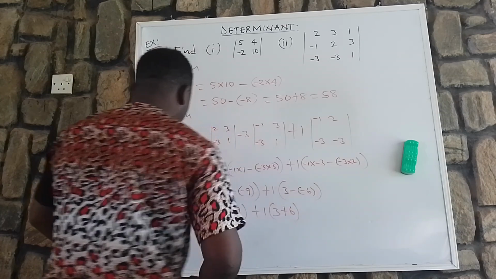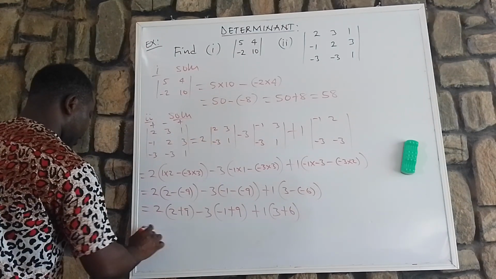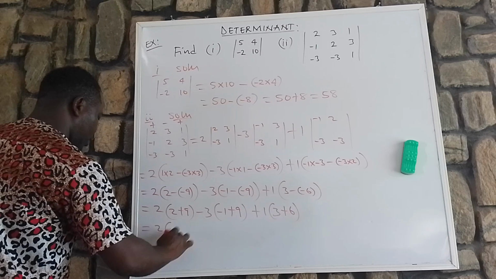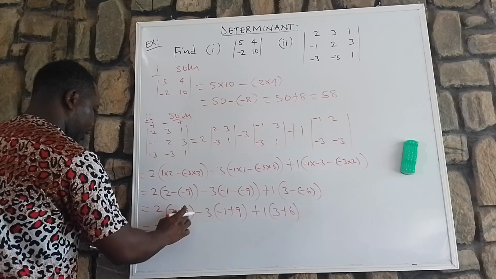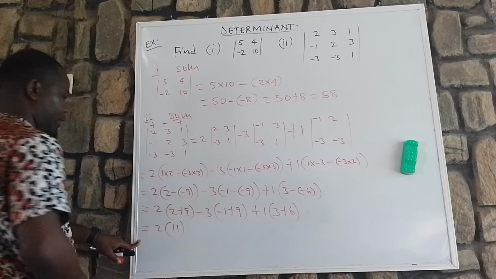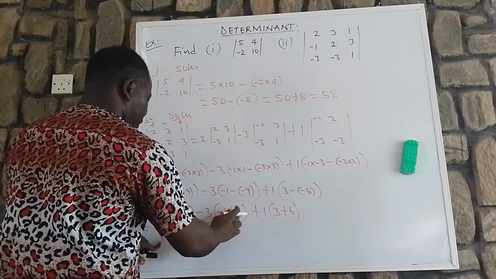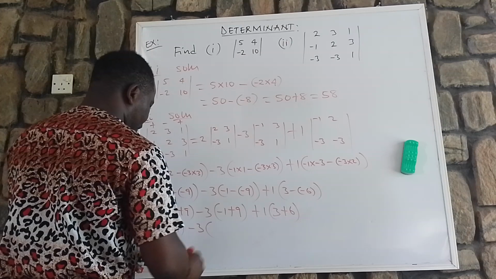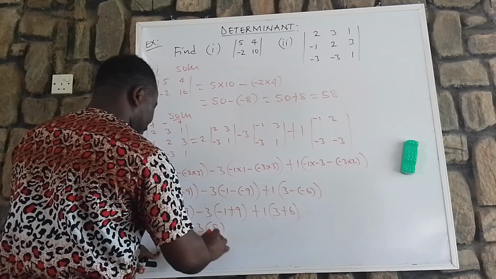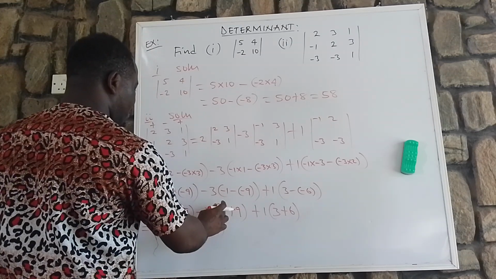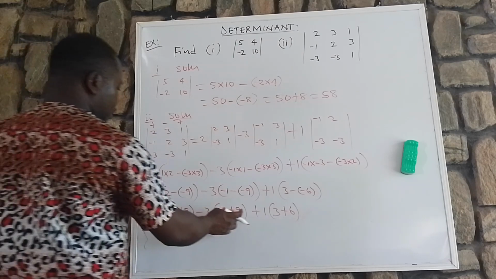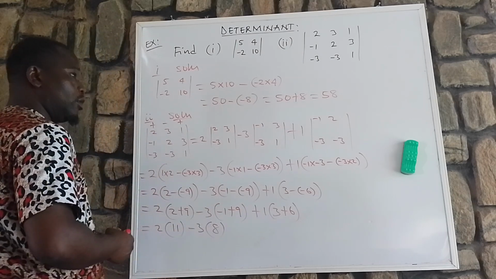So now here we can write 2 open bracket, 2 plus 9 will give us 11. Then minus 3, minus 1 plus 9 will give us 8. Minus 1 means you are paying 1 now. Then plus 9 means you have it.